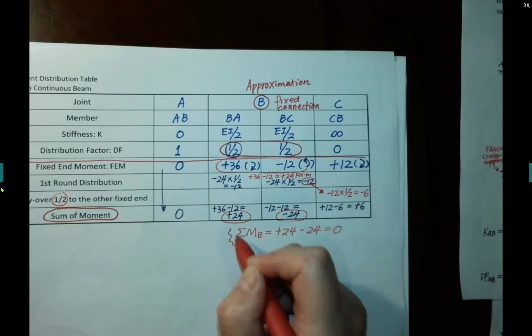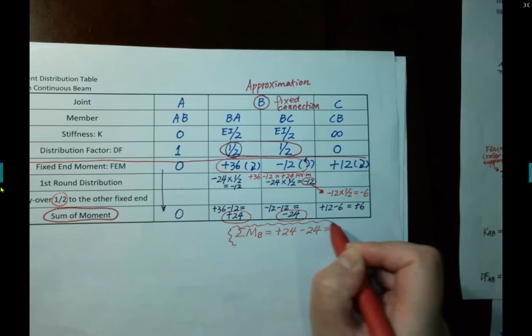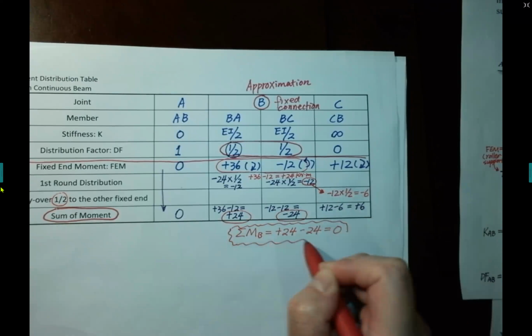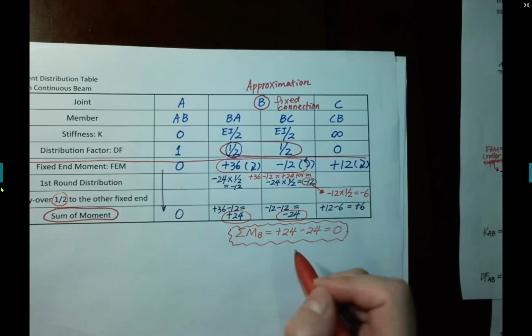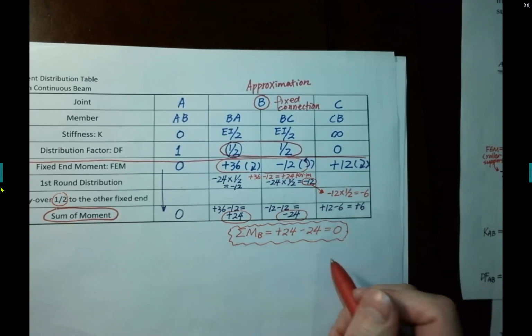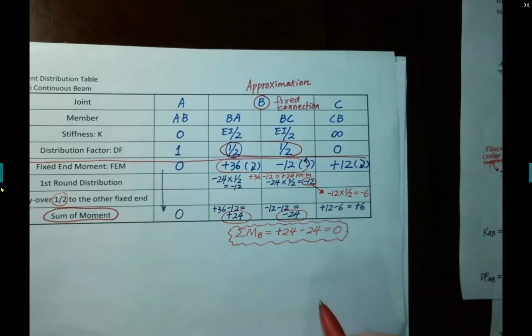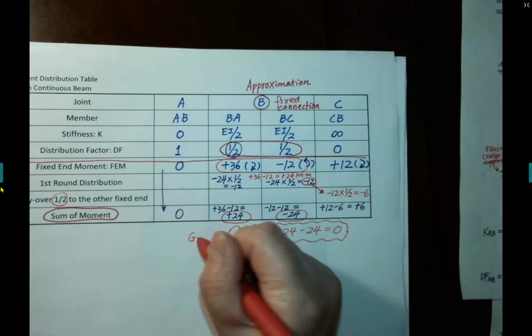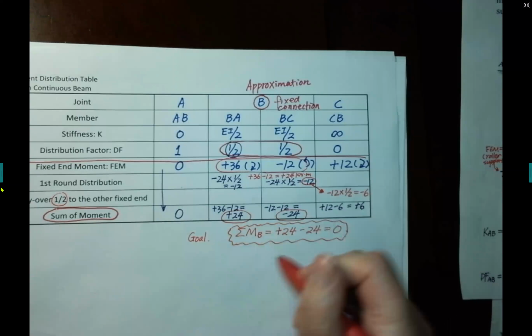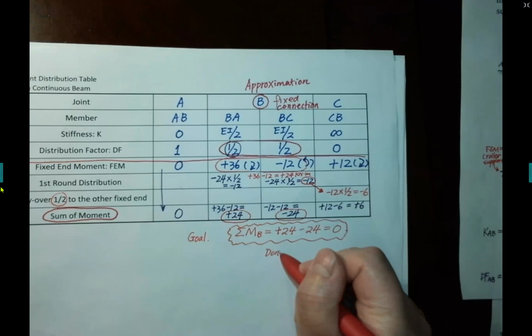This is our goal for moment distribution. It means that at the fixed connection B, the moment has been balanced. Okay, so now we're done with distribution.